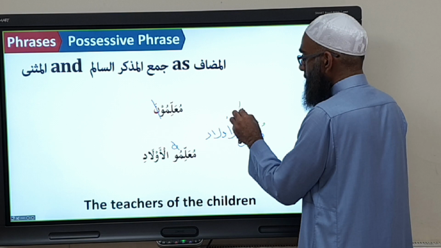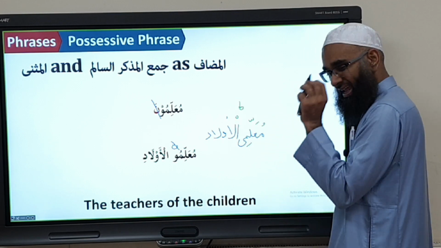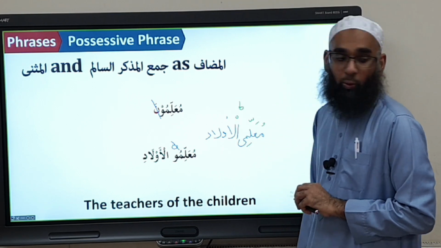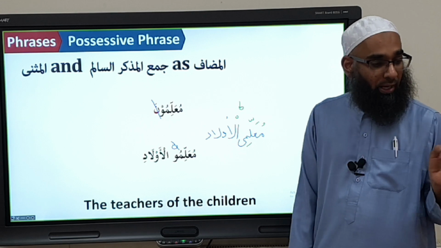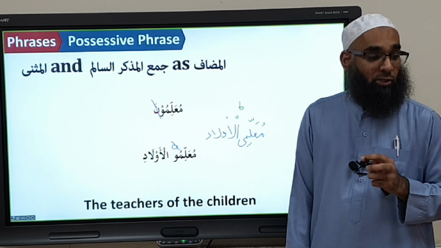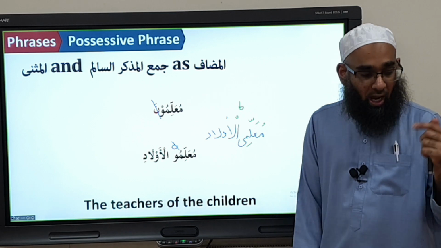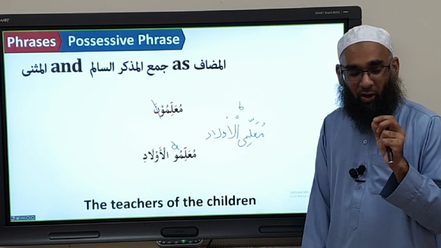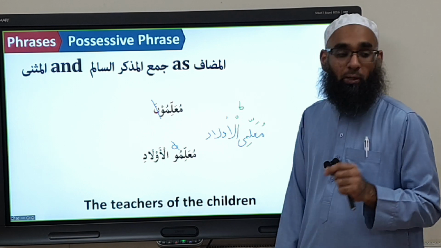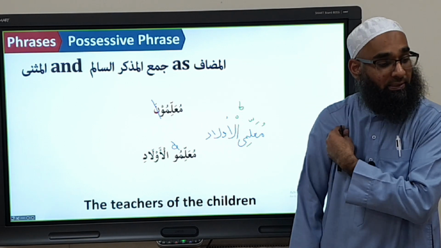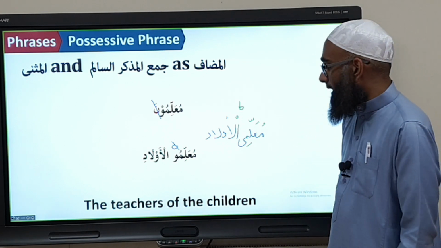When you pronounce it, you do a little emphasis there. If you say muallimil awlad without any emphasis on the lam, it sounds like a singular, isn't it? When it's a plural, you do a bit of emphasis on the lam. You say muallimil awladi, so you can tell it's a plural.